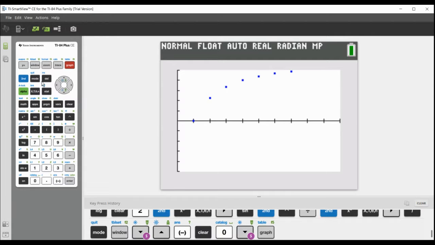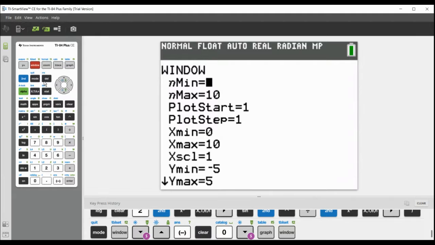Okay, all right, let me change the window because I have a lot of wasted real estate down here. I don't need that space below the x-axis. So for y min, let me make it 0. And looks like the action's happening above, so maybe I'll make y max be 10.